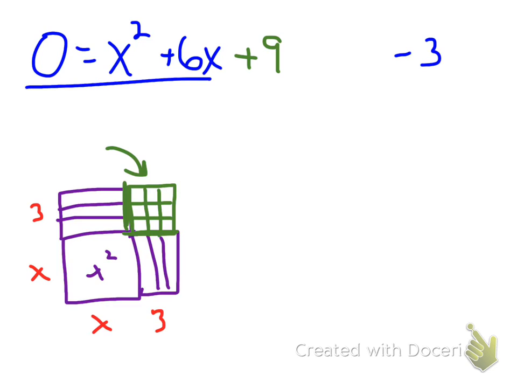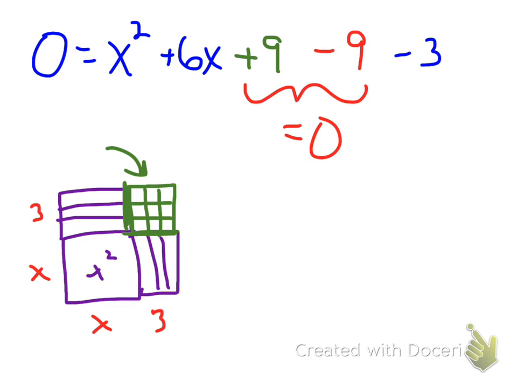Everything in blue was the original problem. So if I added 9, that means I need to subtract away 9 as well, because this equals 0, and I have not altered the problem. I still have my x squared, my 6x, and my -3 from the original problem, but now I've added 9 and subtracted 9 in order to build my square.